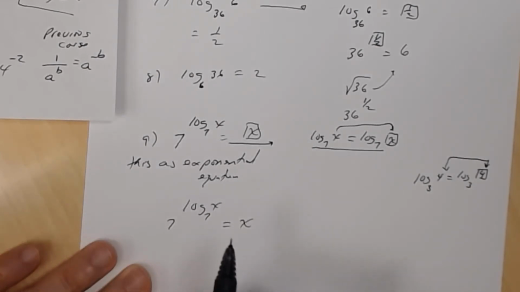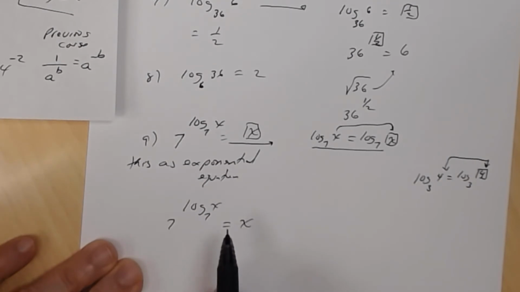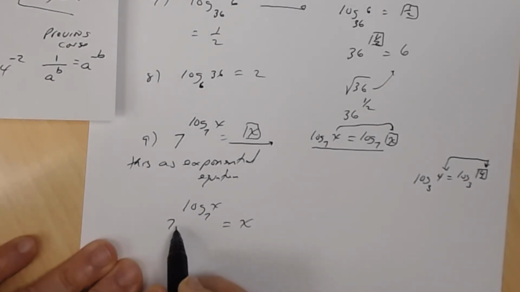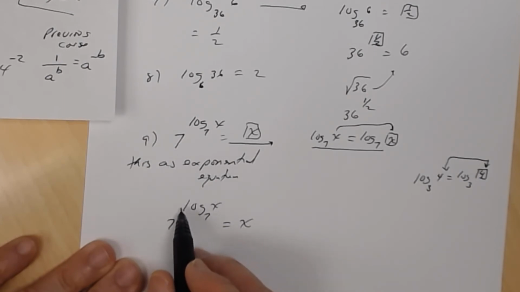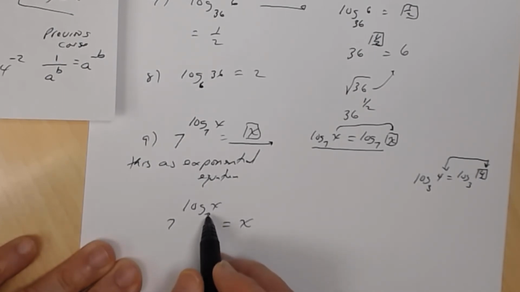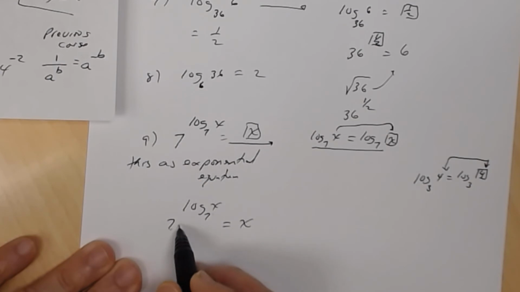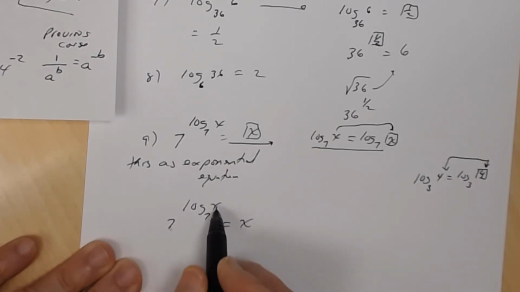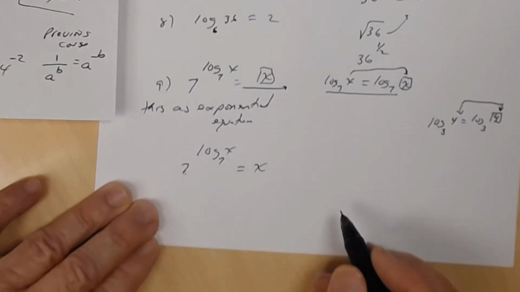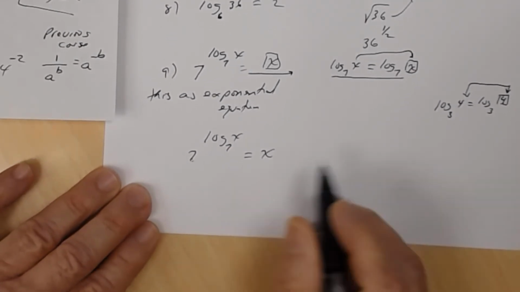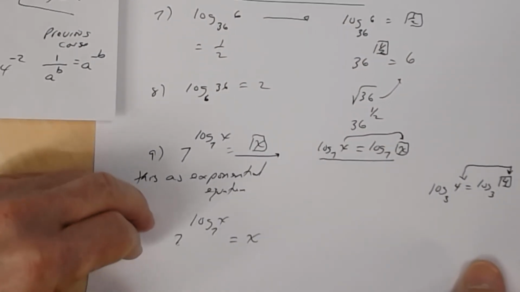One of the things I want you to recognize is this. This is important. Whenever you have a base raised to an exponent and that exponent contains a log, and those bases are the same, then your answer is just the argument. Okay? So in other words, let's think about this.